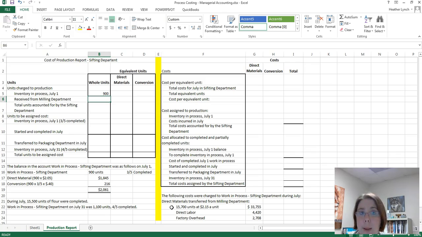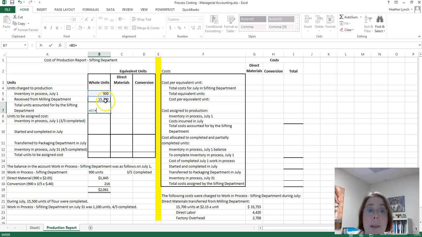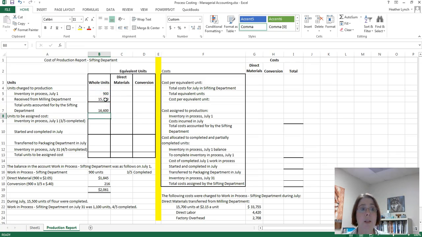I don't care about the cost right now. That's going to come over here when we get to that part. All I care about right now is the 15,700 units. So I add my 900 plus my 15,700 units, which gives me the total units accounted for by the sifting department: 16,600. We had 900 already in process, and milling gave us another 15,700 units.